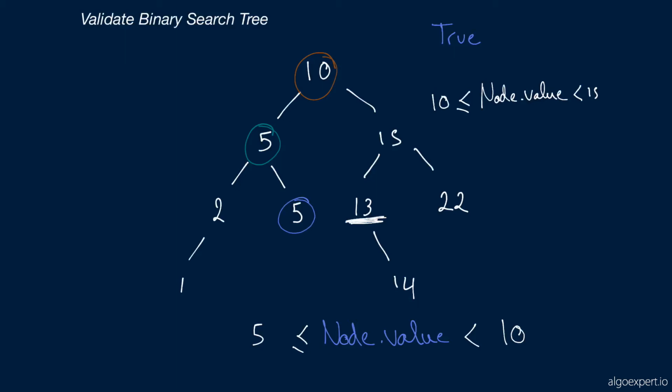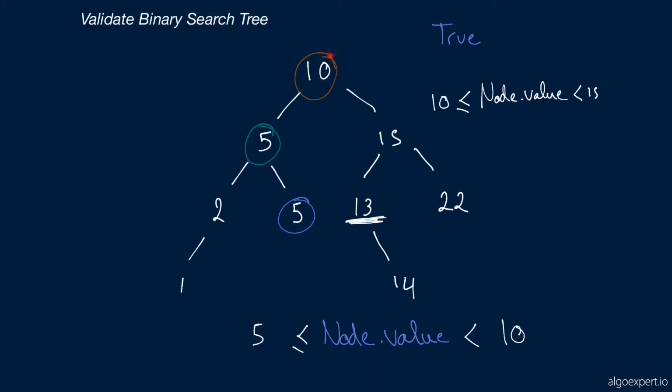So when we call our method on the left subtree of a node, we're going to change the maximum value to be the value of our current node. Because if we look at this 5 here, the 5 that we have in green, the maximum value of the 5 in green is no longer infinity, it's 10. Because 5 has to be strictly less than 10.